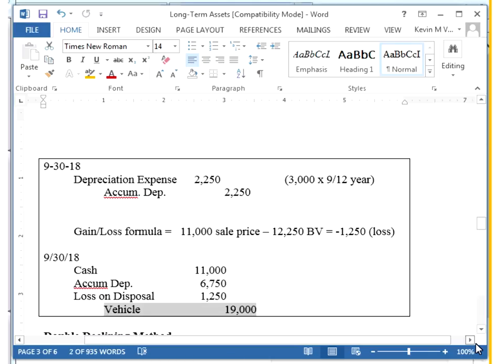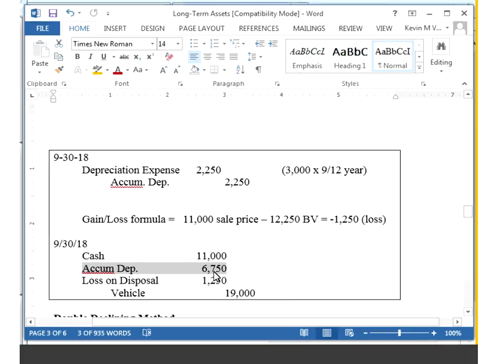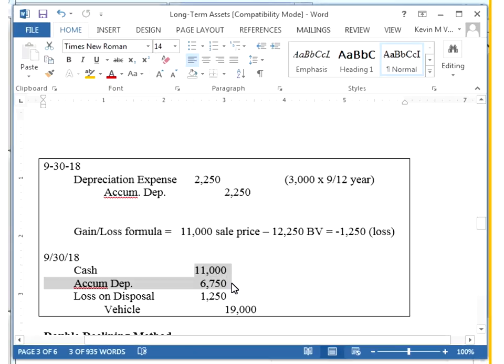Here's my credit to the vehicle. The vehicle needs to be off my books. A debit to my accumulated depreciation. Remember, it's a contra account, so to get rid of this asset, I need to debit it. And then, when I add up my two debits, I only have $17,750, which obviously does not equal the $19,000 credit.